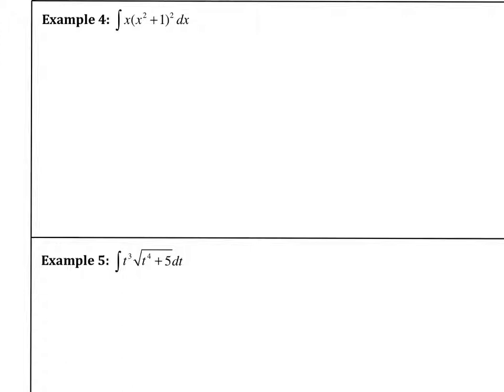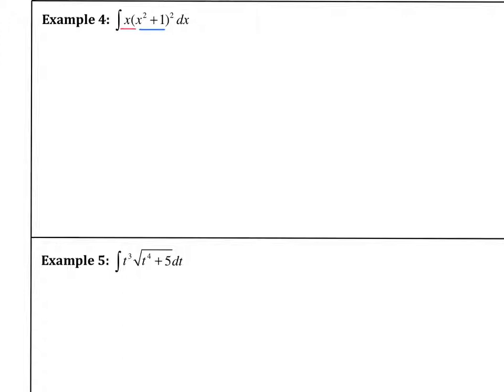In example 3, we had this 2 hanging around right in front, so we were like, oh sure, x squared plus 1, you're my function, 2x, you're my derivative, and life was good. But that is not the case. Instead, we see the function, but we don't really see its derivative. We're like, well, x, you were close, but it's not quite right.